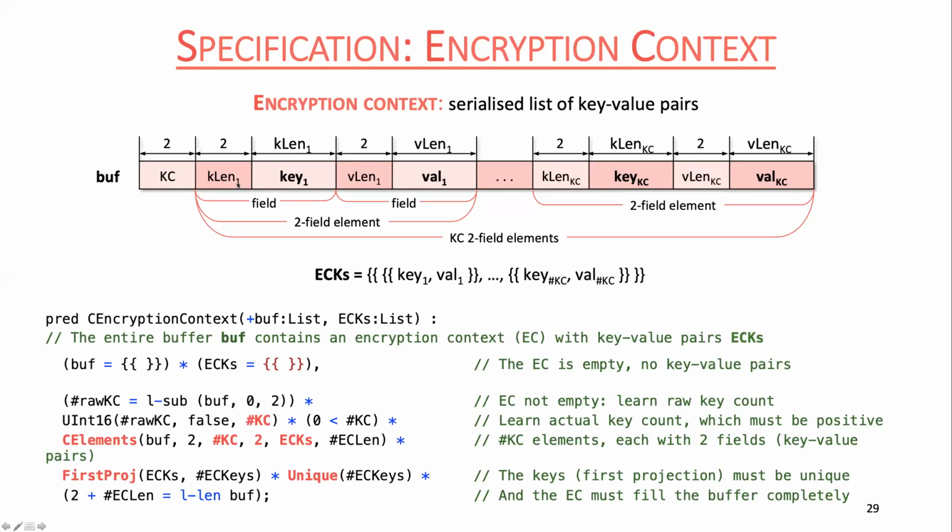We're in a very dynamic situation rather than static. Here we've got the values, the length and the values. And so we've got 2 field elements, KC of them. This is what this describes. We've got the first projection, second projection. We link the lengths. This is what the specification looks like.